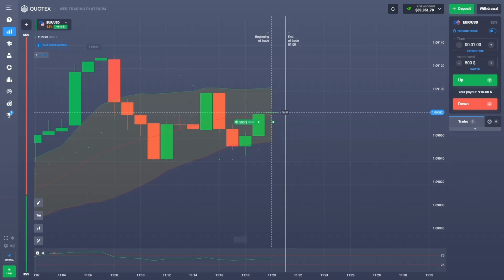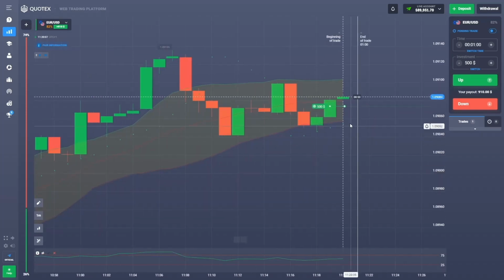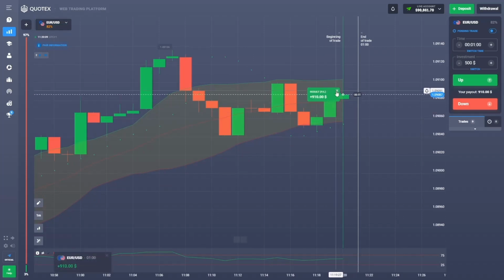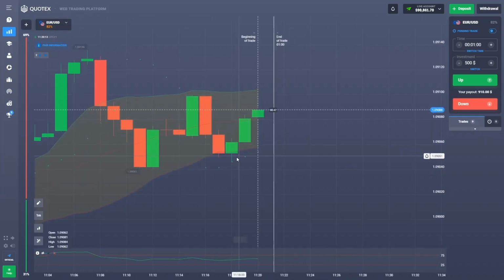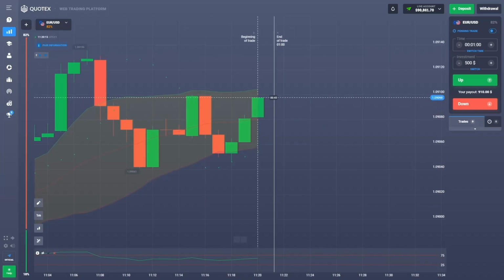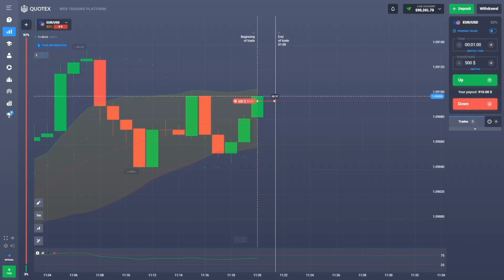The same rules that I use here on Quotex are used on IQ Option. You can use the strategy on Pocket Option. You can use the strategy also on Olympic Trade.